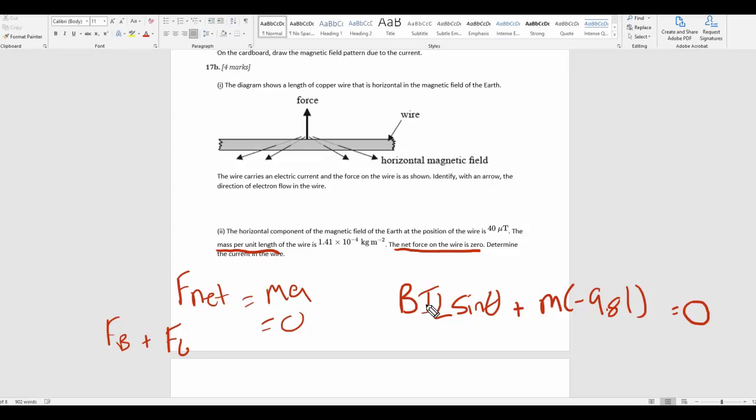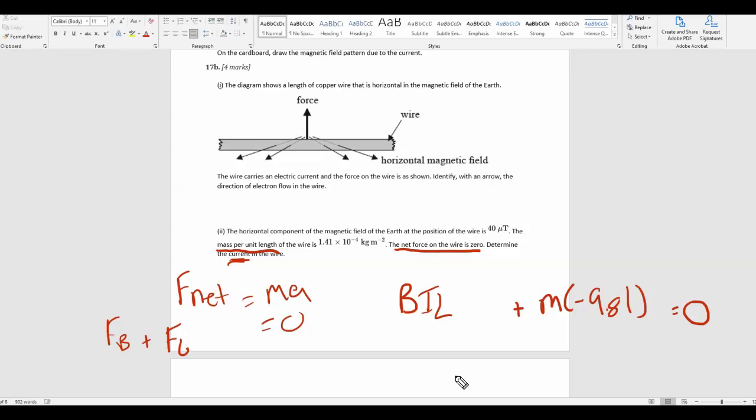Now clearly the direction of the current and the field is 90 degrees. I said that before, so I don't really need that. You might be asking, how do I know to use that equation? Well, they're asking me for the current. There's only one equation that has current in this unit, so that's not that confusing.